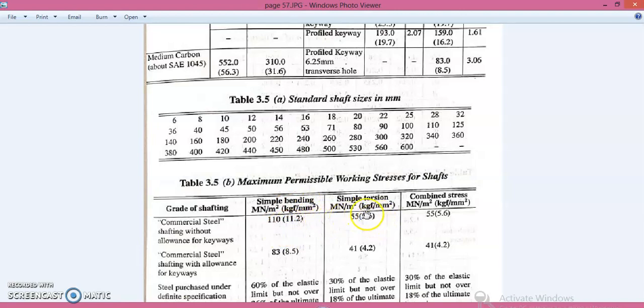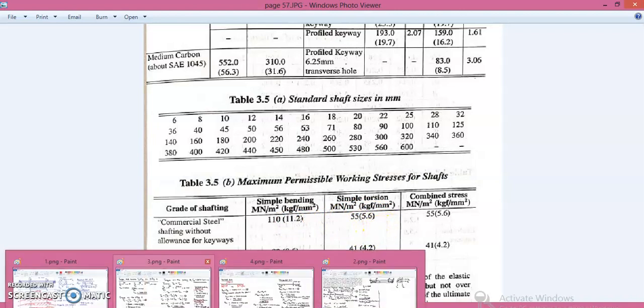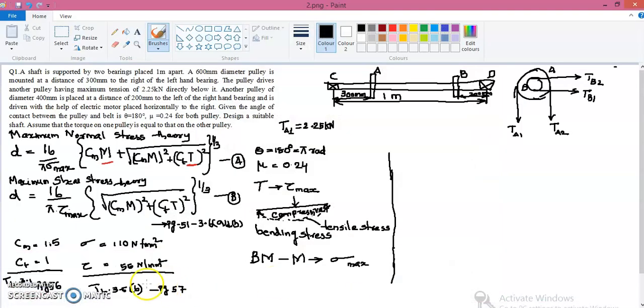And for torsion, the shear stress value, we can take as 55 Newton per millimeter square. So that also I can write down here. Now we have all these values. The remaining step is to substitute these values in equation A and equation B. So when I substitute, I can find the diameter.